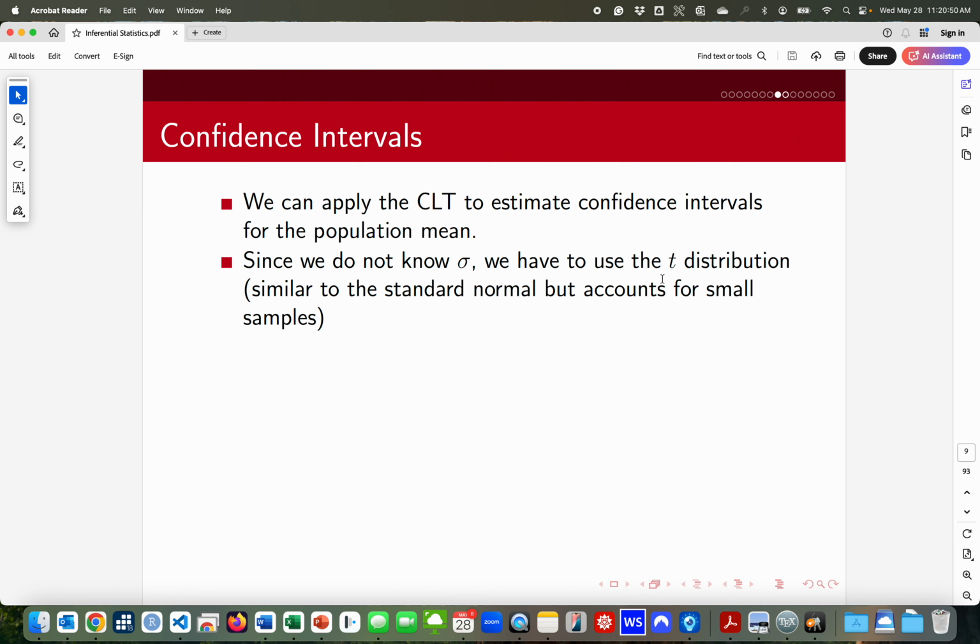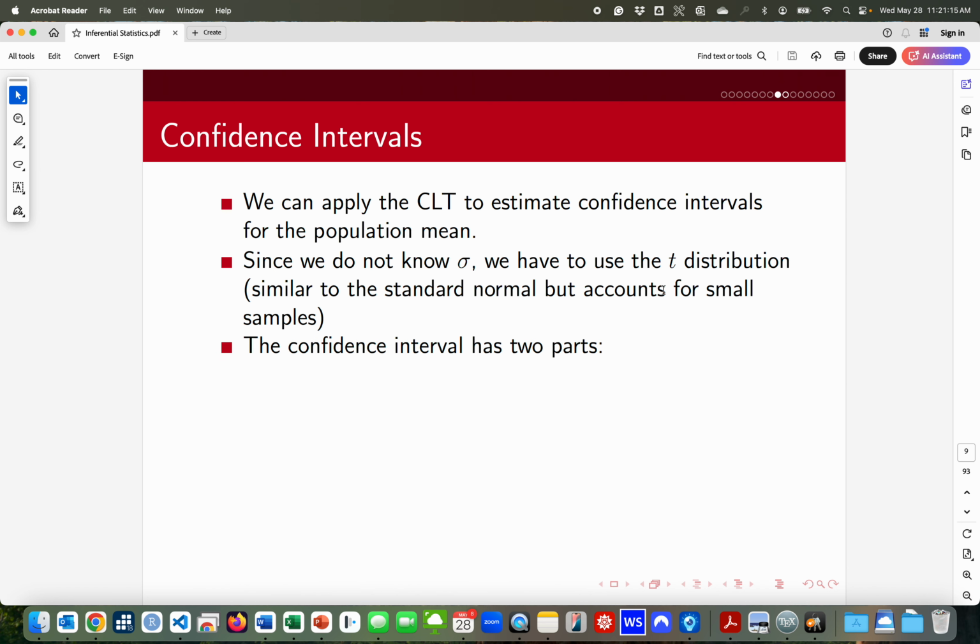So we're going to use the t-distribution, which is similar to the standard normal distribution, but it accounts for smaller samples. And as our sample size gets larger and larger, the difference between that t-distribution and normal distribution goes away. So the t-distribution converges to the standard normal when the sample size is sufficiently large.